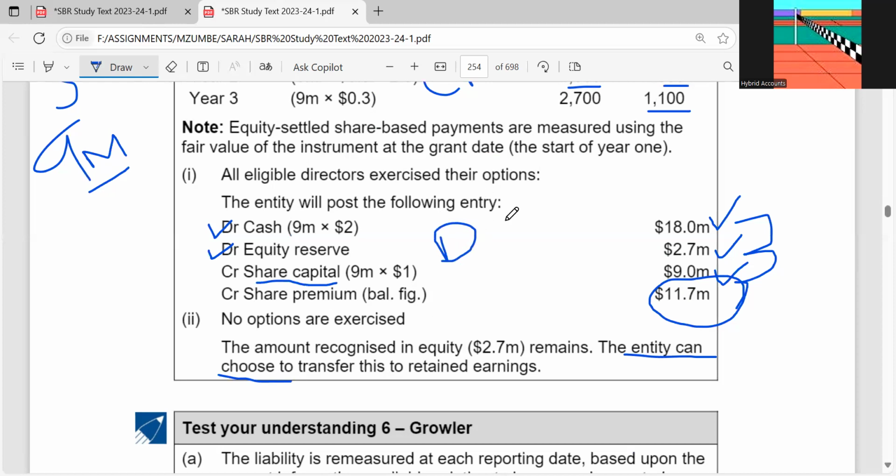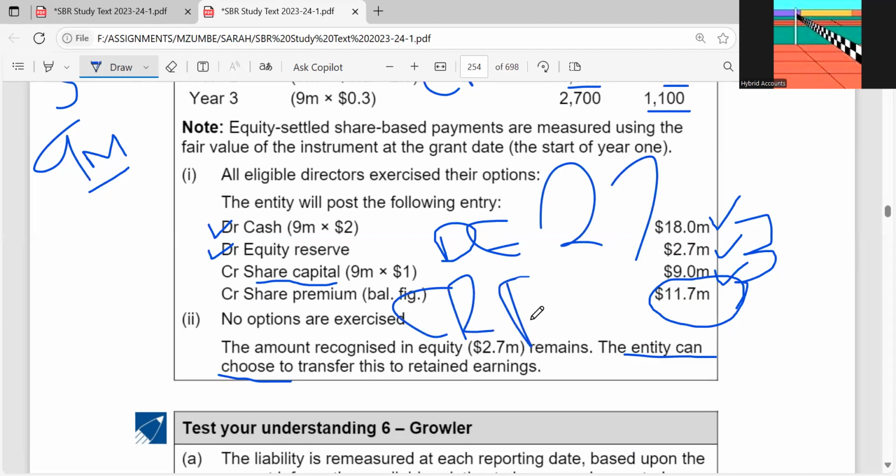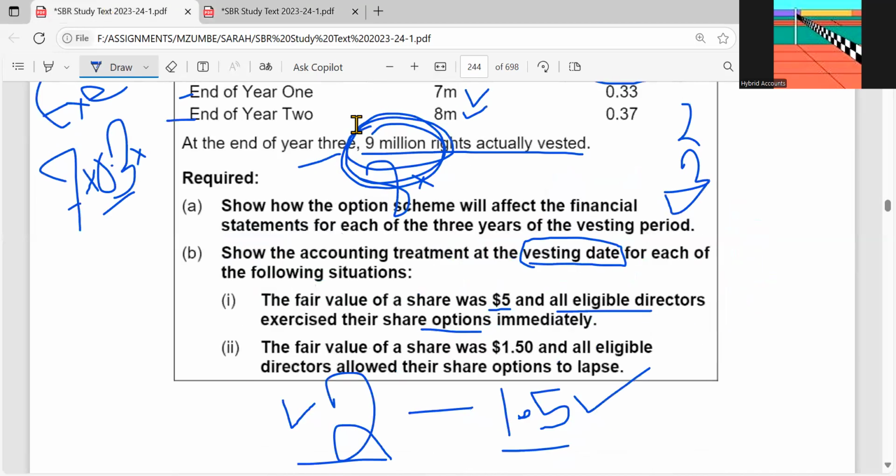So you can debit that other component of equity of 2.7 and take it to retained earnings at 2.7. So it would be removed there, and it would end up remaining in retained earnings. I hope you got my point there.